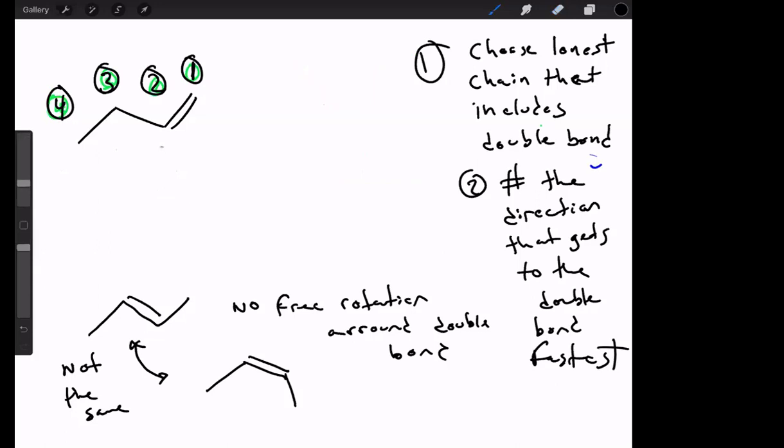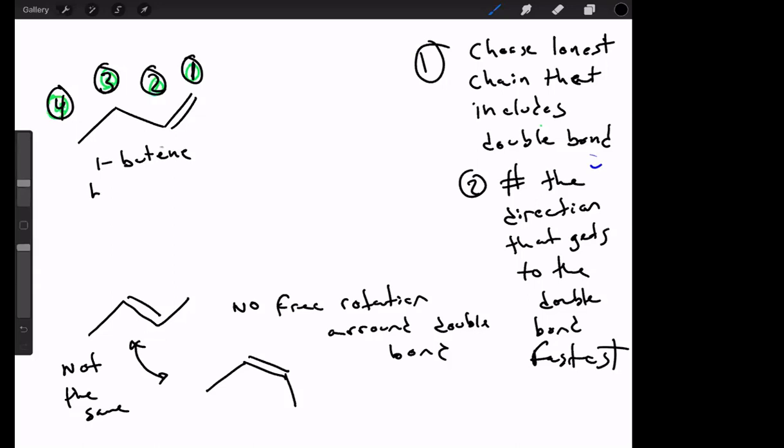Choice number 1 is to call it 1-butene. You don't say 1,2-butene because it's already implied that the double bond is between two carbon atoms, the one and its adjacent atom. So I only need to tell the reader where the double bond starts. I don't need to tell the reader which two atoms connect the double bond because that's already implied structurally. So the first choice is to call it 1-butene.